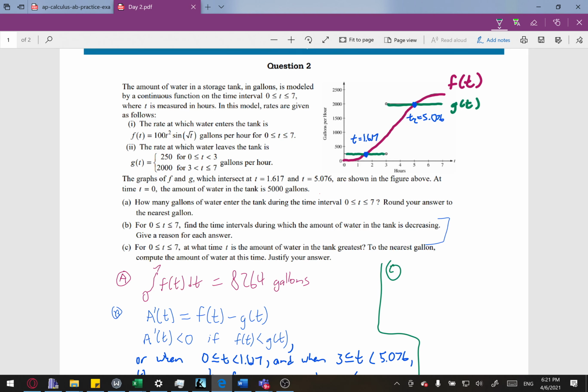Integrate. Okay, so if I integrate this equation that we just had, I will get the amount of water at any time is equal to what?